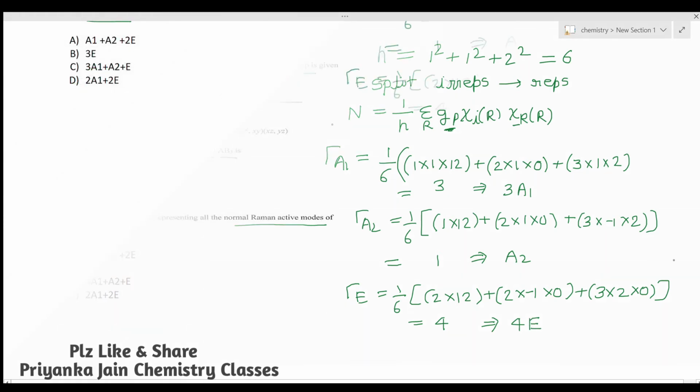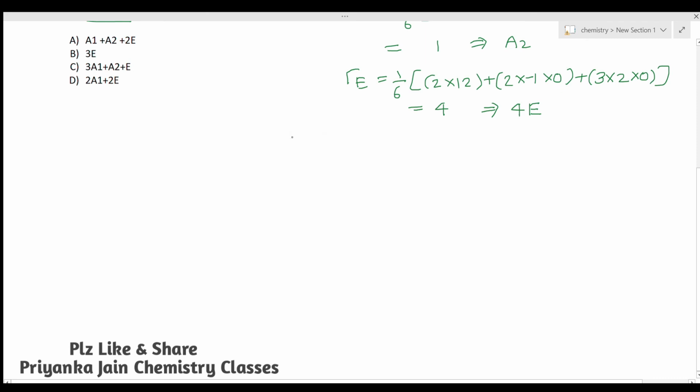Okay, so now we can write our irreducible representation. Our irreducible representation will be equal to 3A1 plus A2 plus 4E, right? Now we have to find out the translational, rotational and vibrational modes. So see here, the translational modes correspond to the values for which we have given x, y and z.